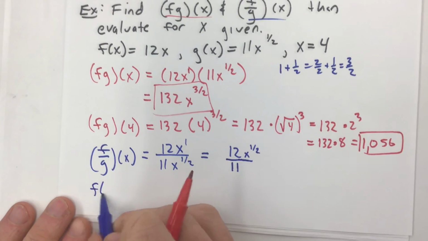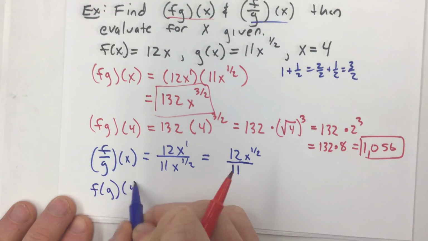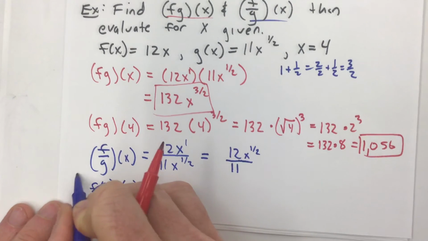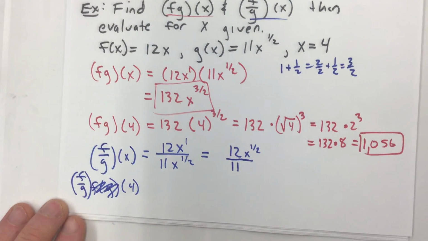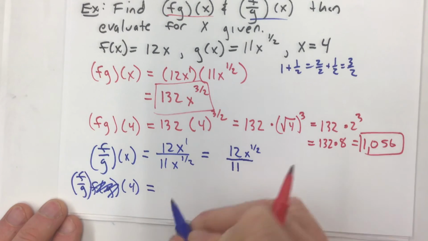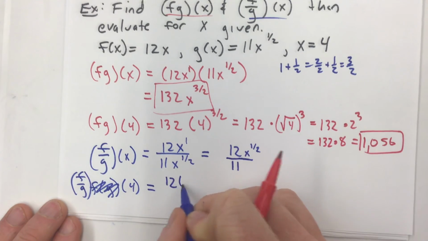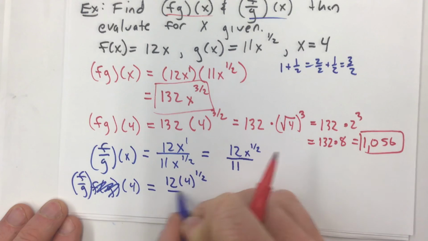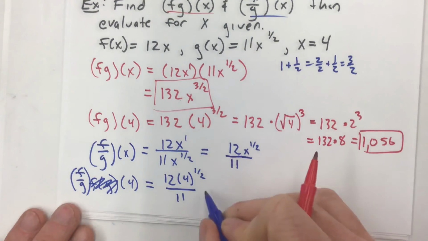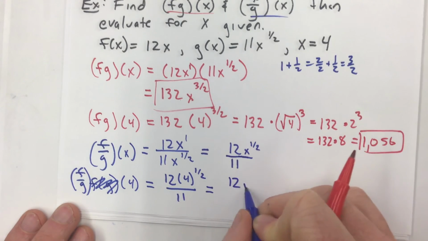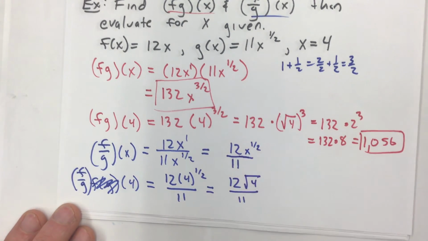Now we need to find f times g of 4. I'm sorry, f over g of 4, I apologize. So I'm going to plug 4 in for this. So 12 times 4 to the 1/2 power over 11 equals 12 times the square root of 4 over 11.